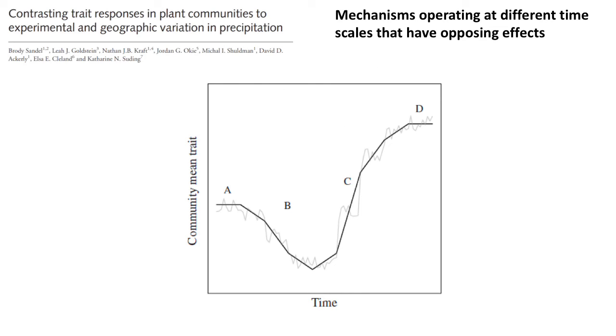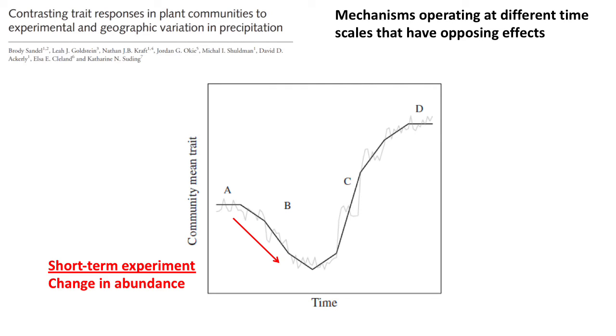This is from the paper by Brody Sandel et al. that I mentioned earlier, where they noticed these opposing trait responses to experiments versus the geographic variation. And they provided this diagram near the end of their paper where they try to explain how this sort of thing can happen when you think about community change, these community traits, over a long period of time.